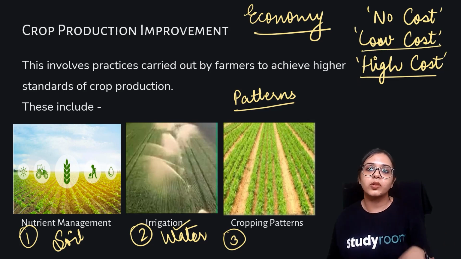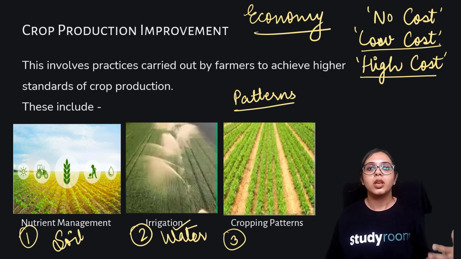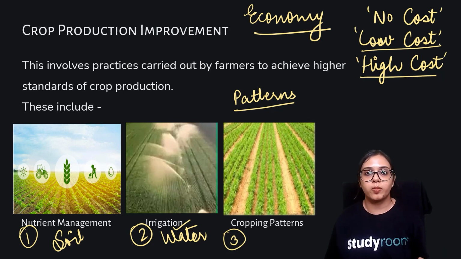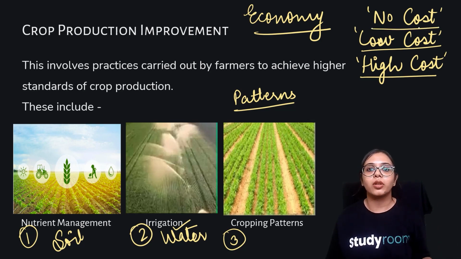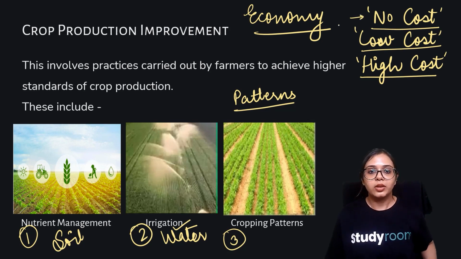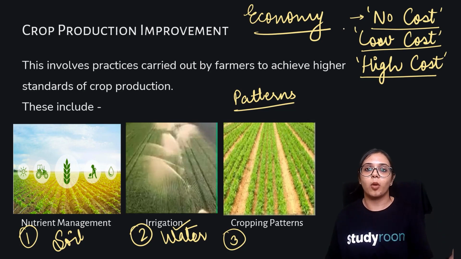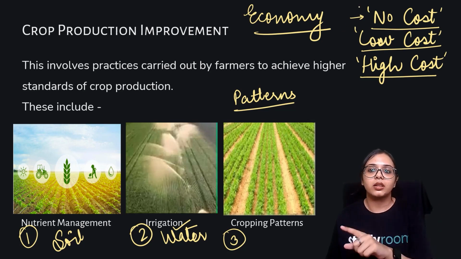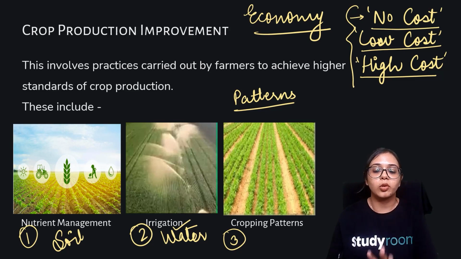Low cost production means those farmers who have comparatively lesser means to procure equipment for the crop yields. Whereas some farmers may be poor and may just depend on natural methods, their own hands or their own cattle, or may not even use any method for irrigation. They may just be waiting for the rainwater. So that leads to no cost production. So apart from the soil, water, and the different cropping patterns that we'll be learning about, this economic factor you should also keep in mind.